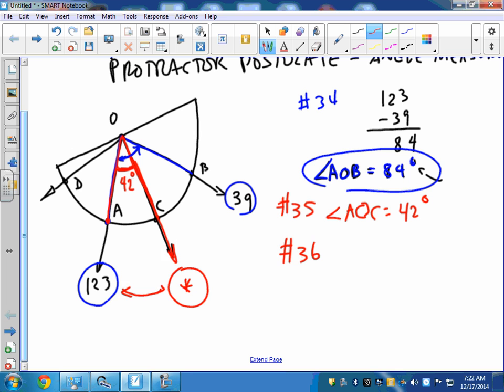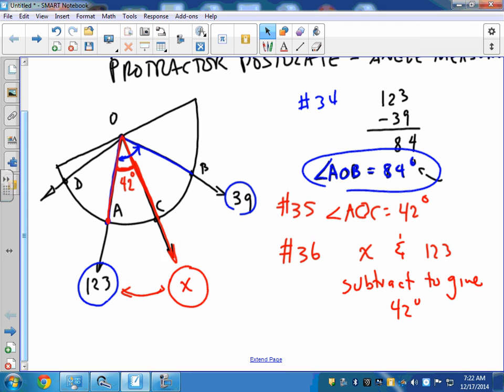We'll have to think, the coordinate that we're looking for, let's call it X instead of asterisk. There we go. So X and 123 subtract to give 42 degrees, right?